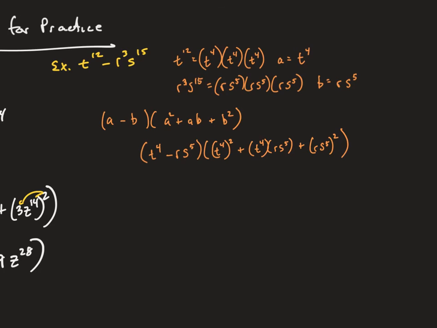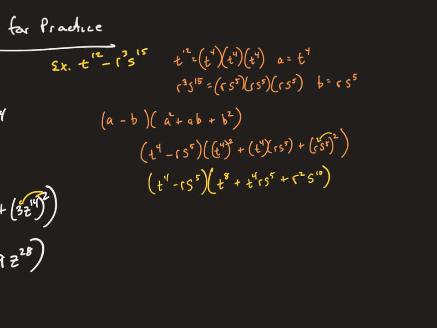And now when I go to multiply all of that out, I have t to the 4th minus rs to the 5th times t to the 8th, right, power to a power, multiplying, plus t to the 4th rs to the 5th plus, remember, power raised to a power, so that is r to the 2nd s to the 10th.